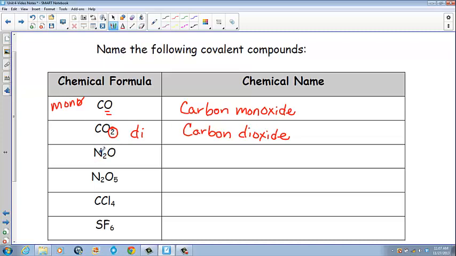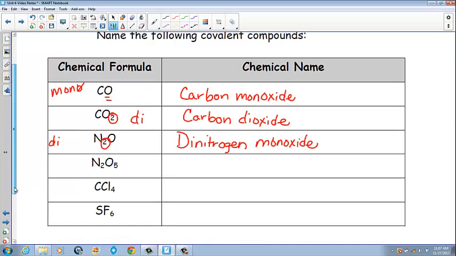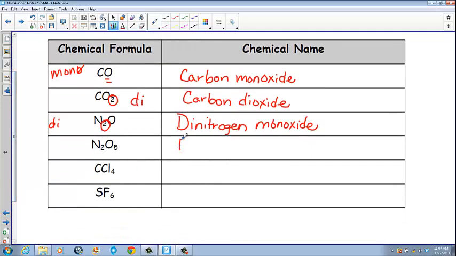Next. Okay, so here's a little tricky. We have 2 of the first element. So the 2 tells us we're going to have to use the prefix di, and it sounds funny, but it is correct. Dinitrogen. And then the next one, monoxide. N2O5, again, 2 nitrogen, so we're going to use dinitrogen.